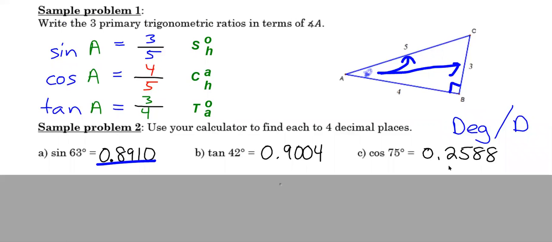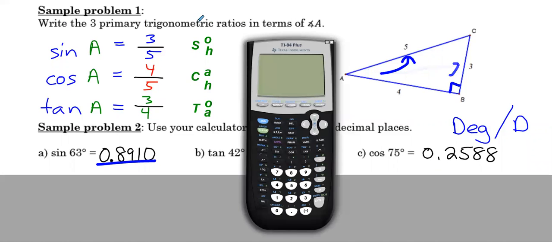And on your calculator, to locate these things in terms of the names, there's the abbreviation SIN. So SIN is what you're looking for in terms of utilizing the sine ratio.